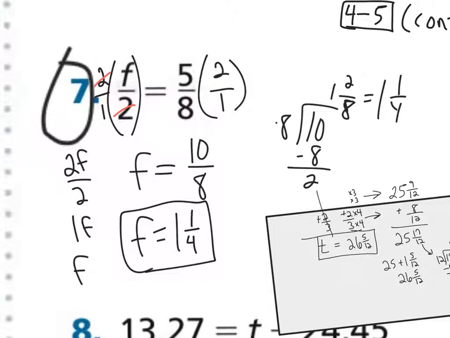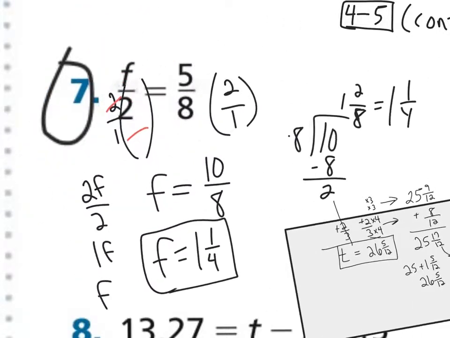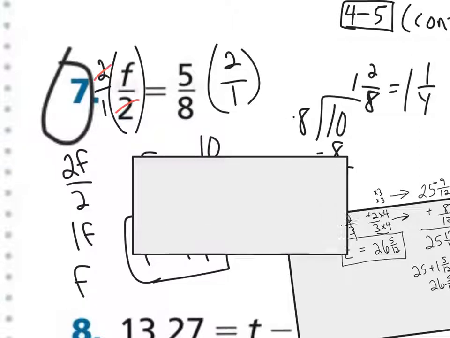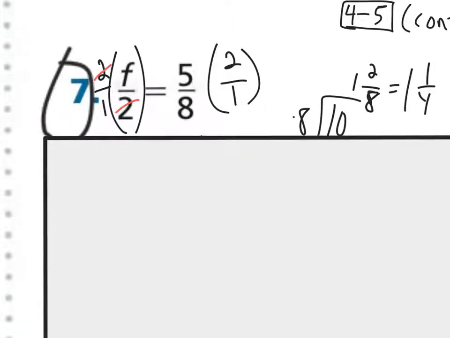Okay? And again, all these problems, it's not going to be maybe as easy as some of them we've done before, but you can always still substitute that back into the equation, and it should work if you've done the problem correctly. So in this one, we could put 1 and 1/4 in place of f, and this should work.